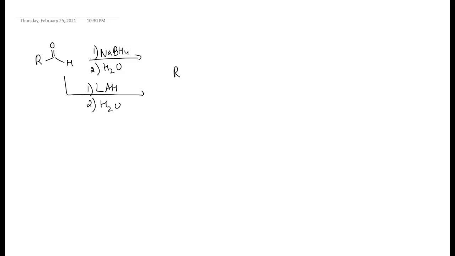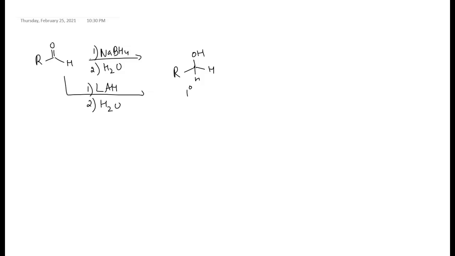You will get an alcohol which is actually a primary alcohol. So with aldehydes you get primary alcohol, and with ketones you get secondary alcohol.